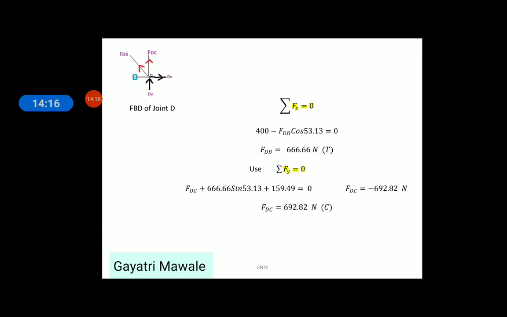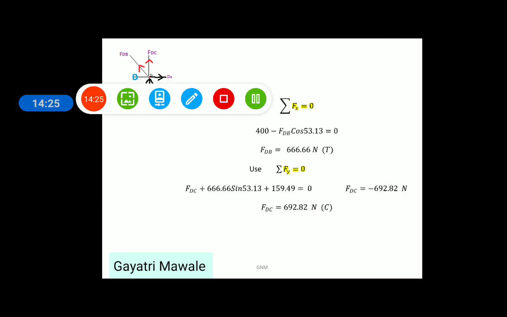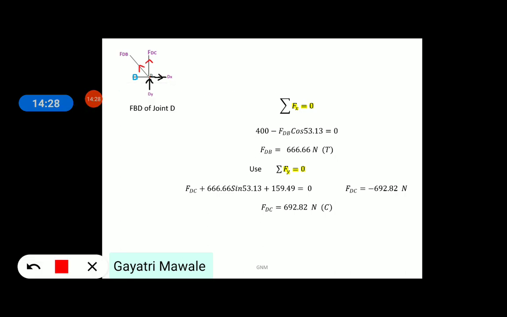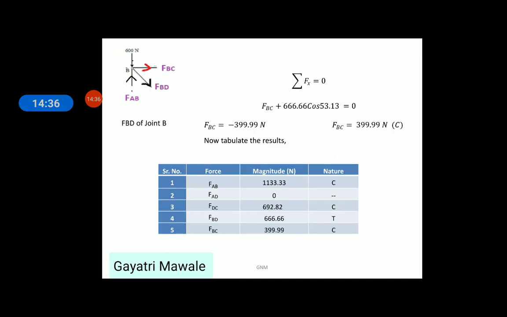Now use summation Fy equals 0 for this FBD, which gives me the value of FDC, and it comes negative. It means the direction of FDC that we have assumed is wrong. It is not tensile, but it must be compressive. To find force in the BC member, we have considered FBD of joint B. At joint B, FAB we know.